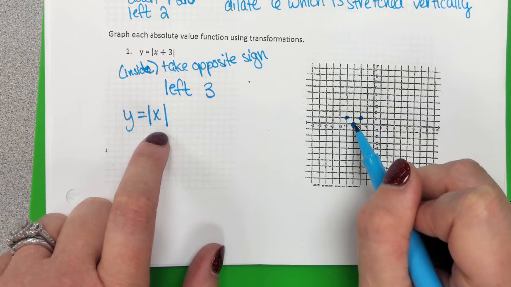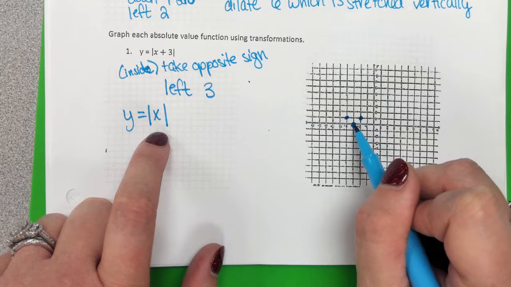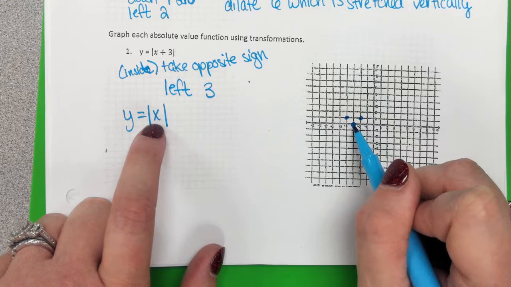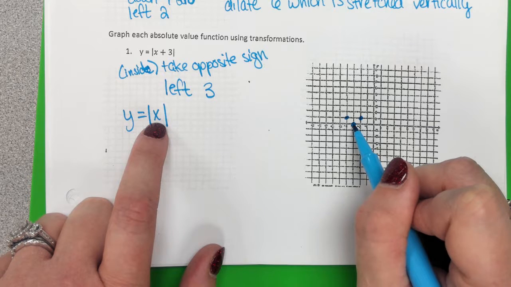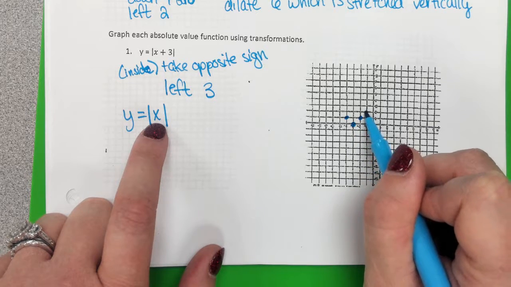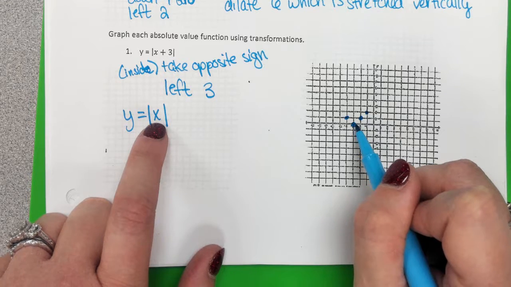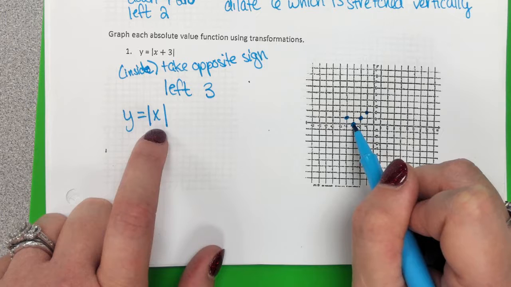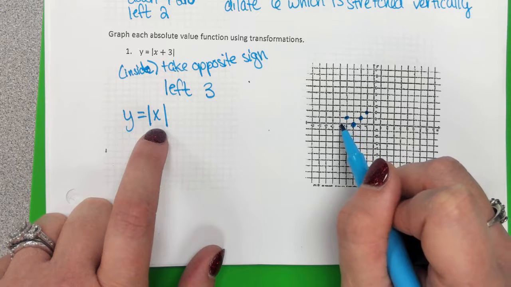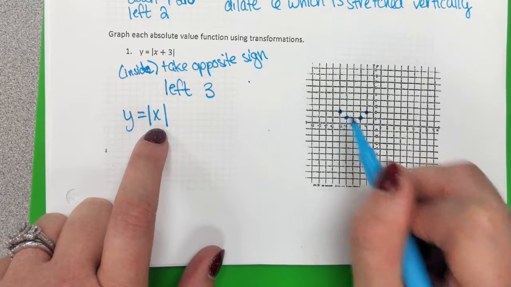Alright, start back at your original dot. Let's do 2. If I plugged in 2, what's the absolute value of 2? I'm going to go over 2, up 2. Start back at your original dot. Let's plug in negative 2. What's the absolute value of negative 2? So we're going to go left 2 and up 2.